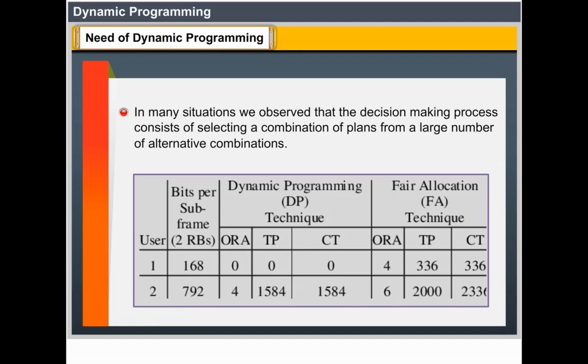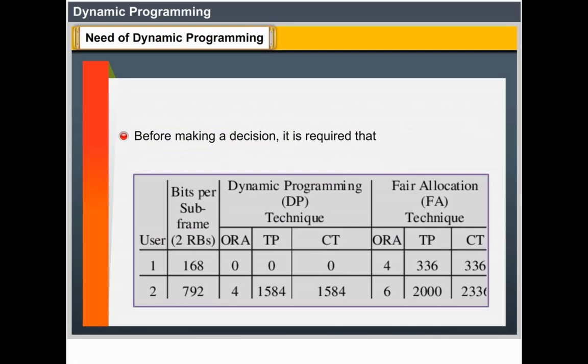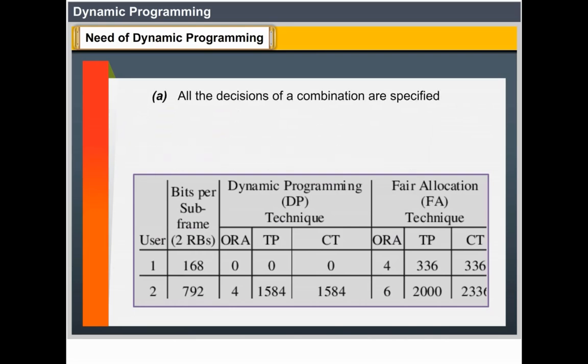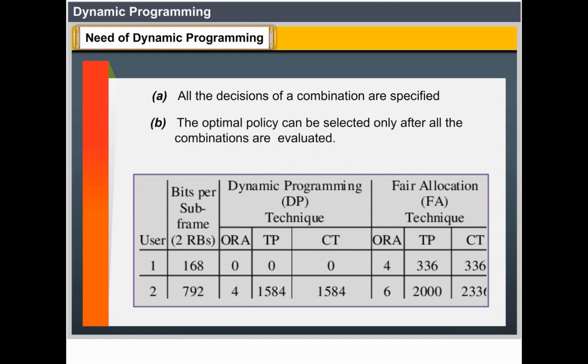In many situations, we observe that the decision-making process consists of selecting a combination of plans from a large number of alternative combinations. Before making a decision, it is required that (A) all the decisions of a combination are specified, and (B) the optimal policy can be selected only after all the combinations are evaluated.